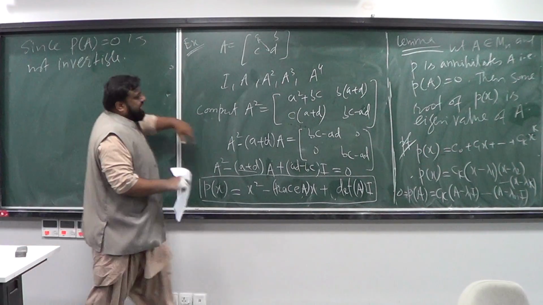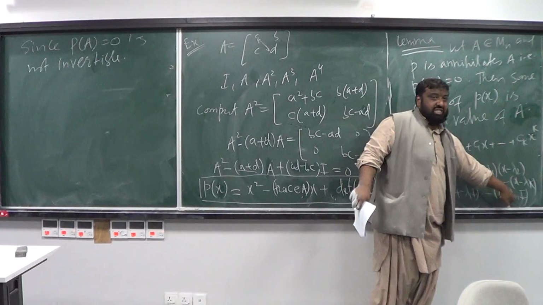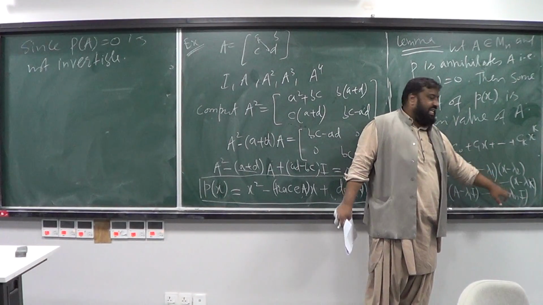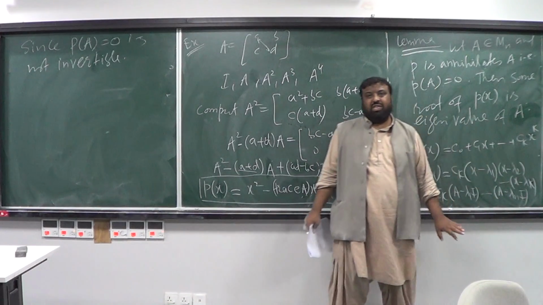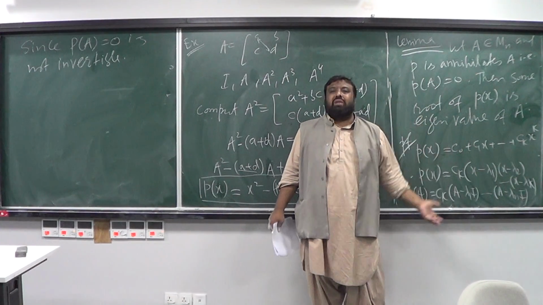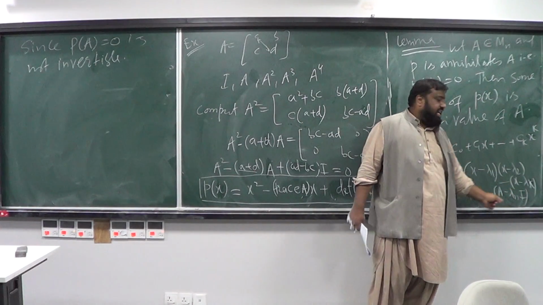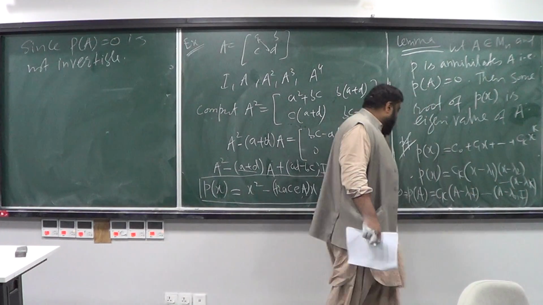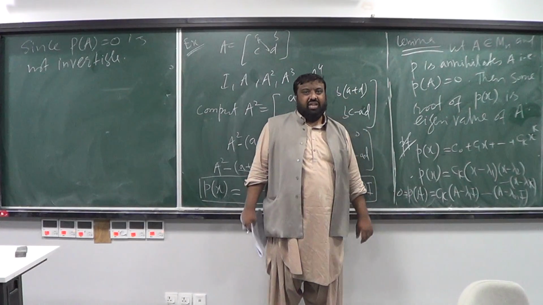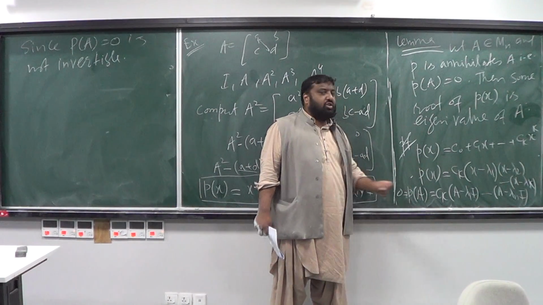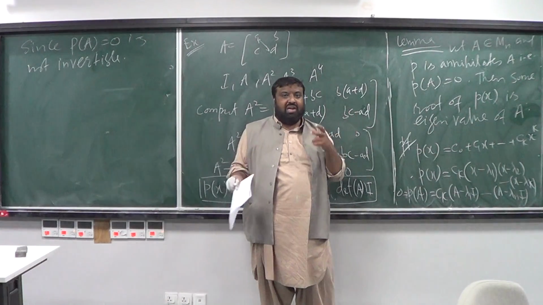And P of A is the product of these matrices, so at least one of them is not invertible. Because if all of them are invertible, then this product is invertible. And if this product is invertible, then P of A is invertible, and the 0 matrix would be invertible, which would be a miracle.